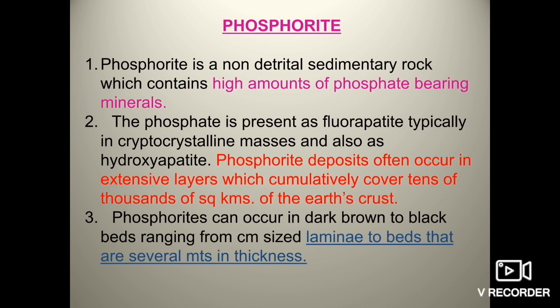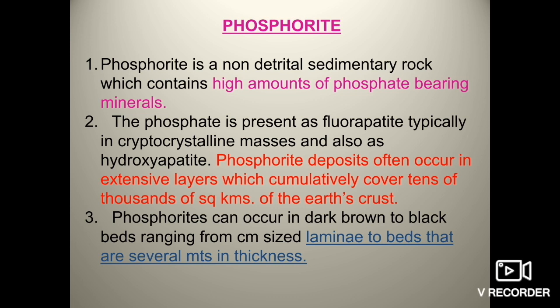And next one is phosphorite. So what is phosphorite? Phosphorite is a non-detrital sedimentary rock which contains a high amount of phosphate bearing minerals. The most important phosphate mineral is apatite, with formula Ca5(PO4)3, calcium phosphate.